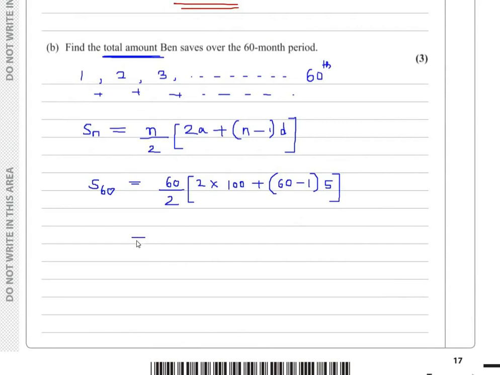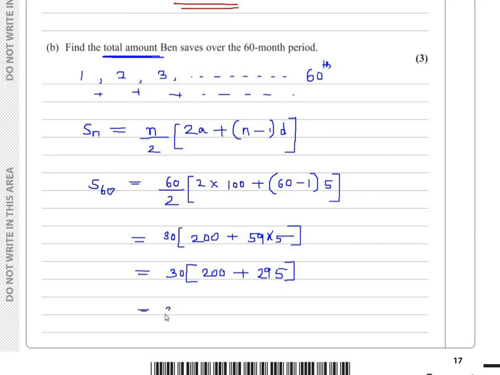So substituting and finding, we get 16 over 2 is 8, and 2 times 100 is 200, plus 16 minus 1 is 15 times 5. So for solving it, 8 and here 200 plus 15 times 5 is 75.